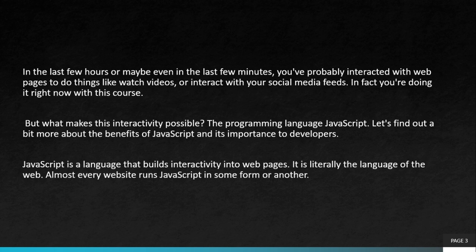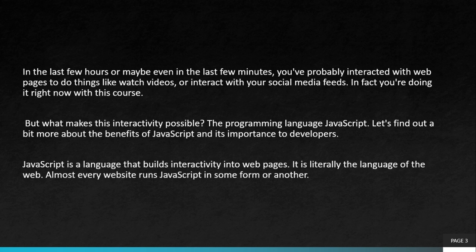So JavaScript is a language that builds interactivity in web pages. So basically, it's just like HTML, CSS, and JavaScript. Now, HTML is like the skeleton, CSS is like the body, the styling of the skeleton. While JavaScript is the interactivity of that body, or you can say the behavior of that body.